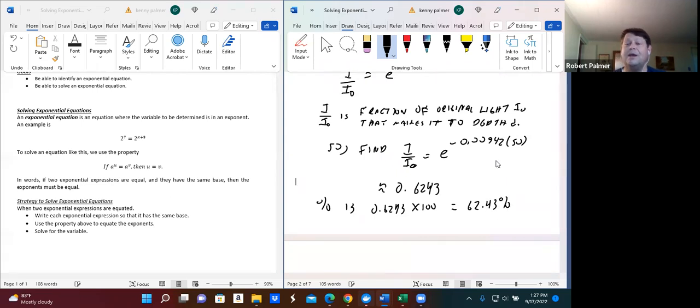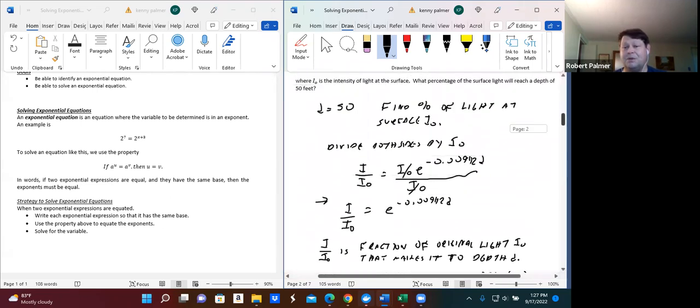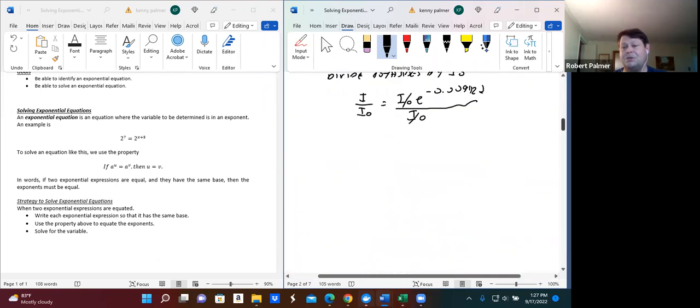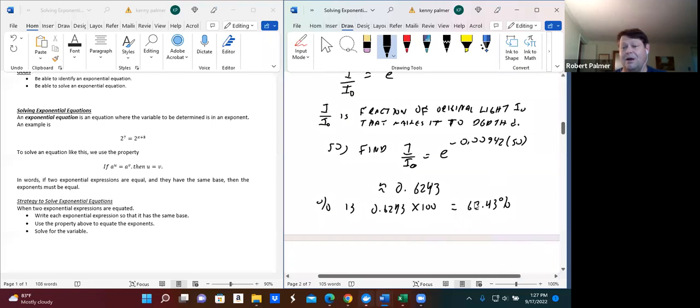So what this says is, at a depth of 50 feet, based on this equation, this mathematical model, about 62% of the light that started out at the surface has made it to 50 feet.